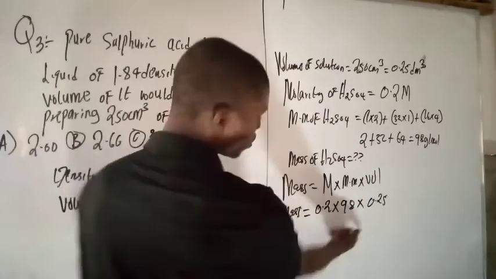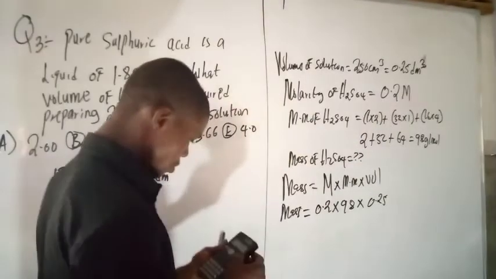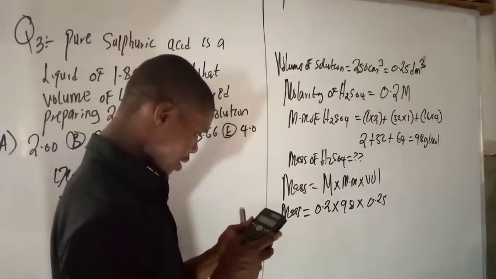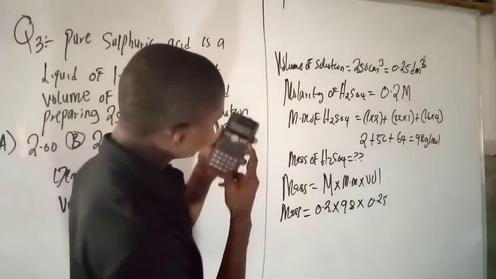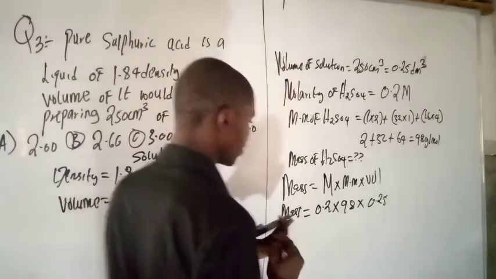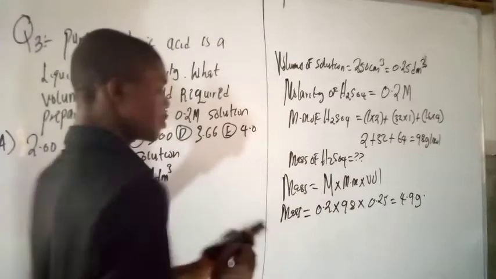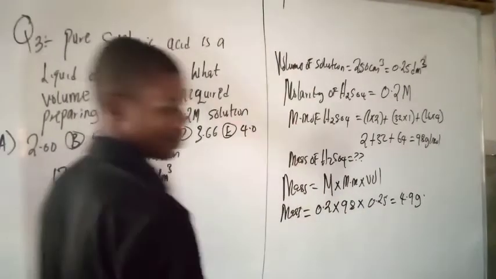So what you have to do is punch your calculator: 0.2 times 98 times 0.25. Here we have 4.9 gram. So this is my mass here.